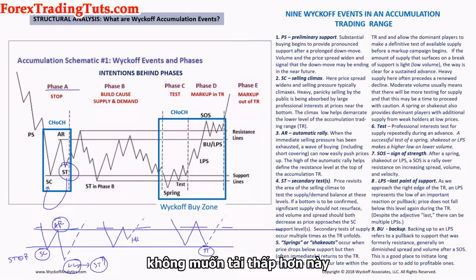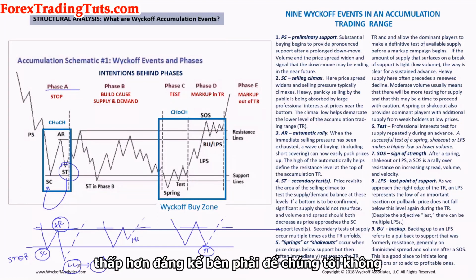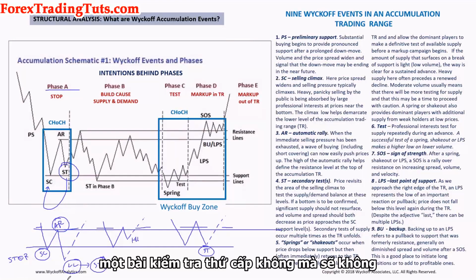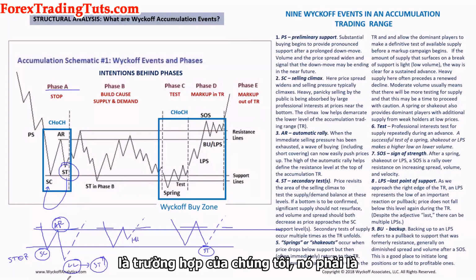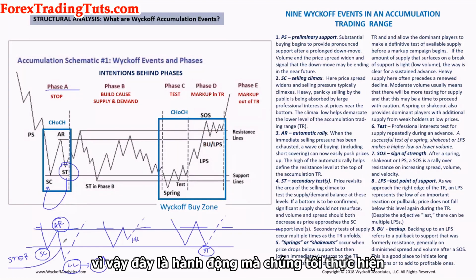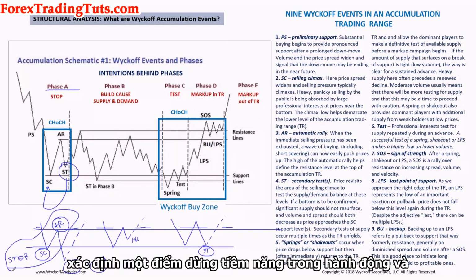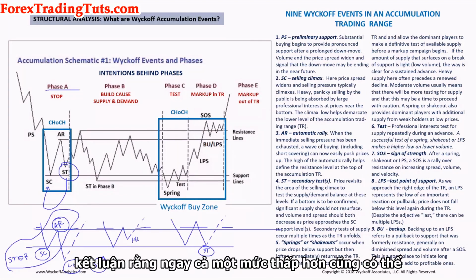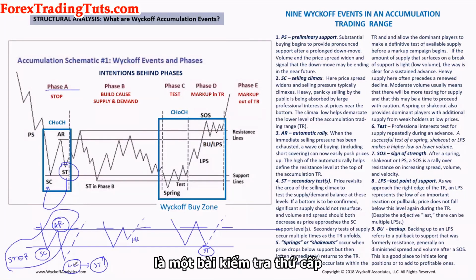We just don't want this lower low to be significantly lower, right? So we don't want the price to fall another 50% and then say this is a secondary test. No, that's not going to be the case for us. It has to be relatively close to the support. So the action by which we identify a potential stopping action and automatic rally should lead you to the conclusion that even a lower low could be a secondary test.